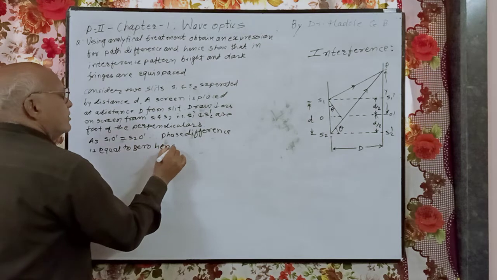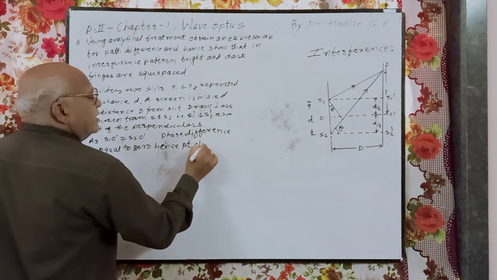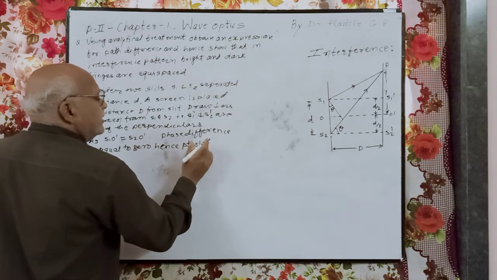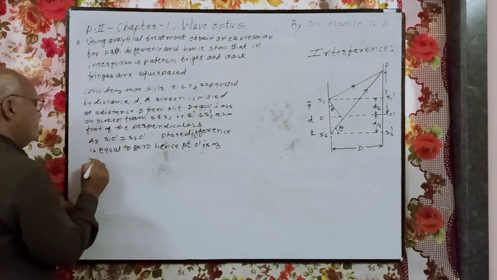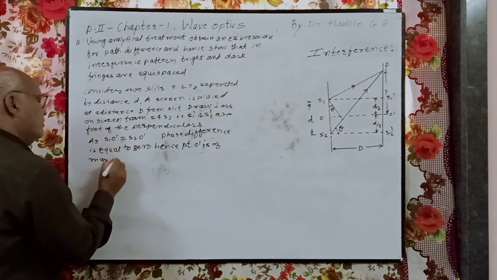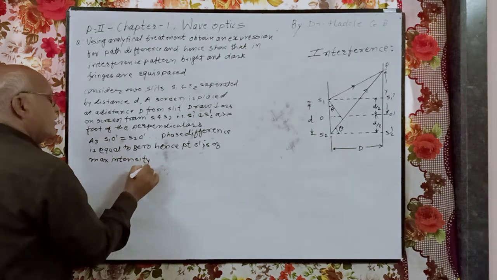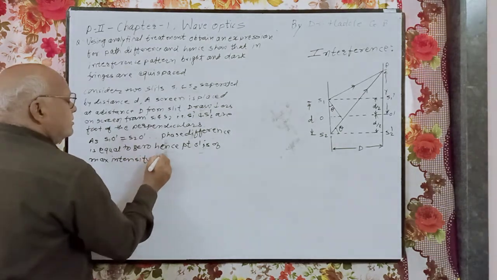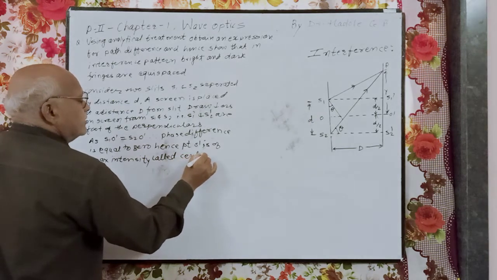Hence, point O dash is of maximum intensity, called the central bright point.